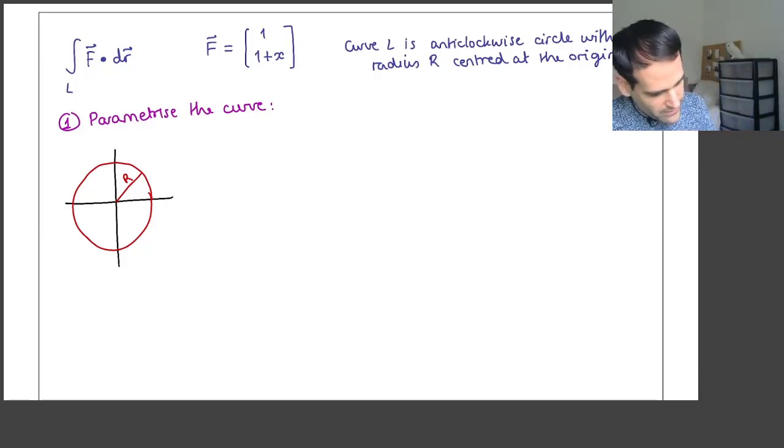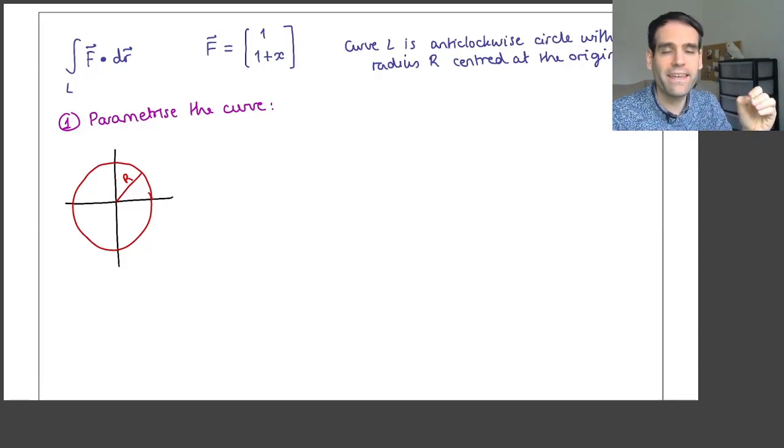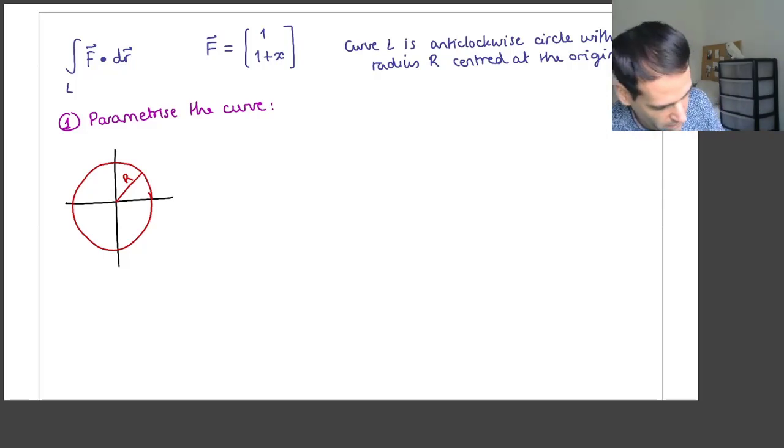The way you parameterize this is, of course, you could use polar coordinates and use phi as your parameter while you keep rho fixed equal to r.